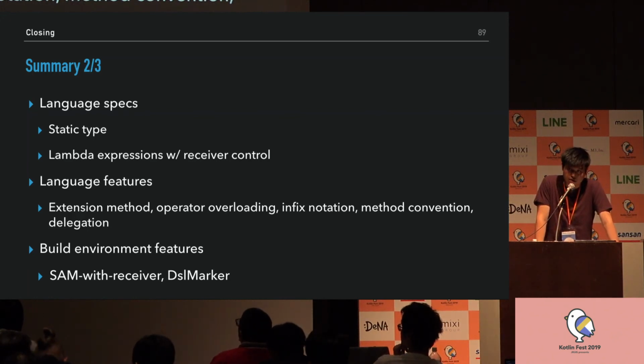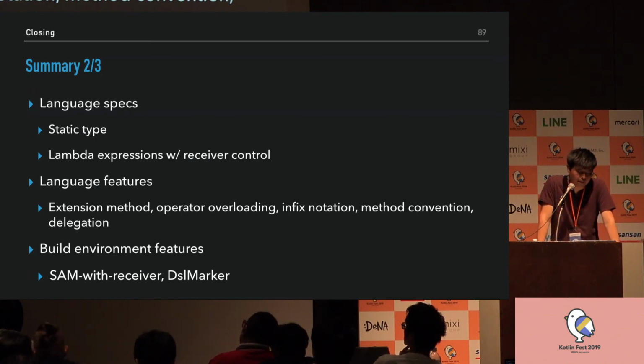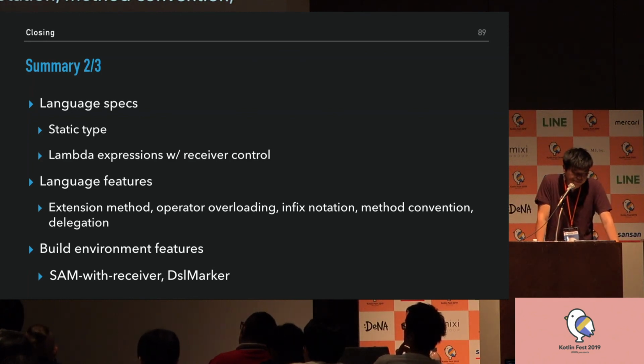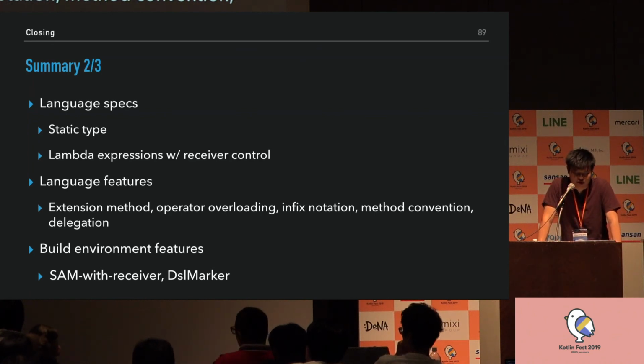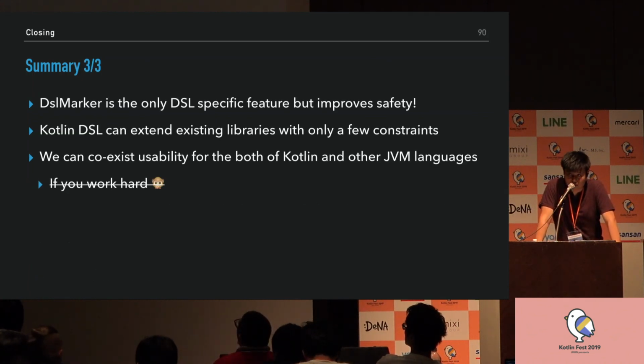Extension method, operator overloading, infix notation, method convention, and delegation are from language features. The last category is build environment features. I introduced the "with receiver" compiler plugin and DSL marker. DSL marker is the only DSL-specific feature, so Kotlin DSL is not a special feature, just one of the API forms in Kotlin.